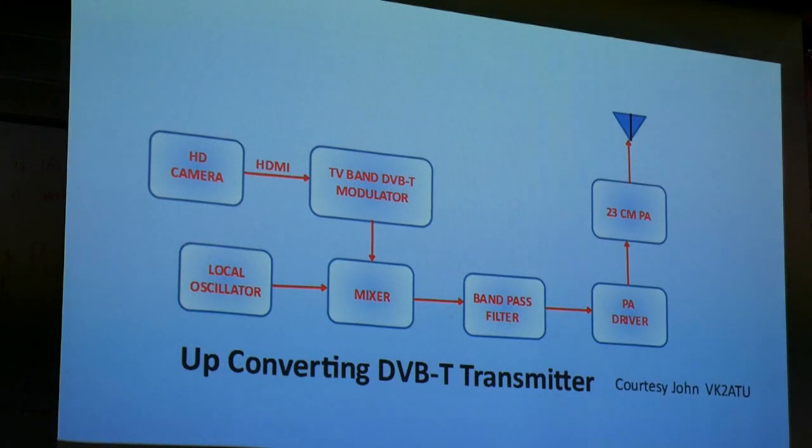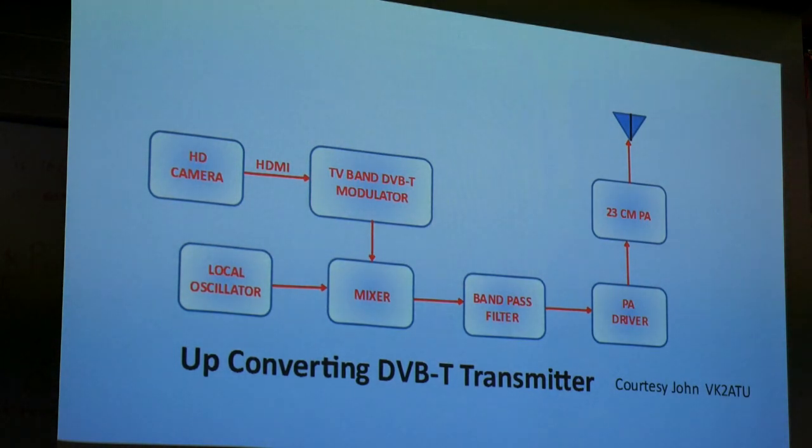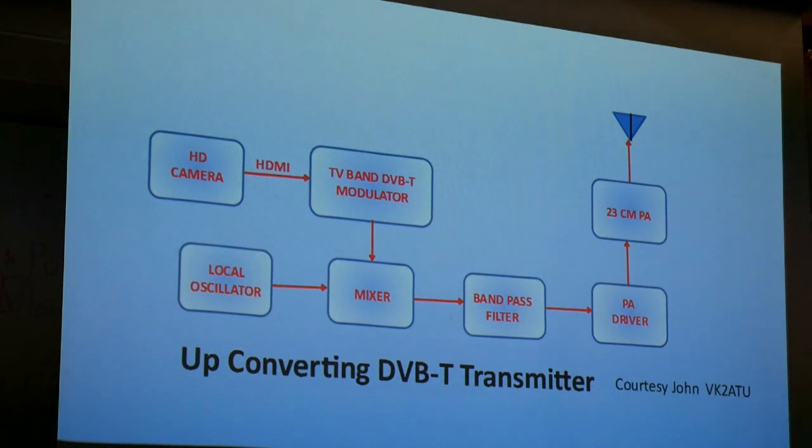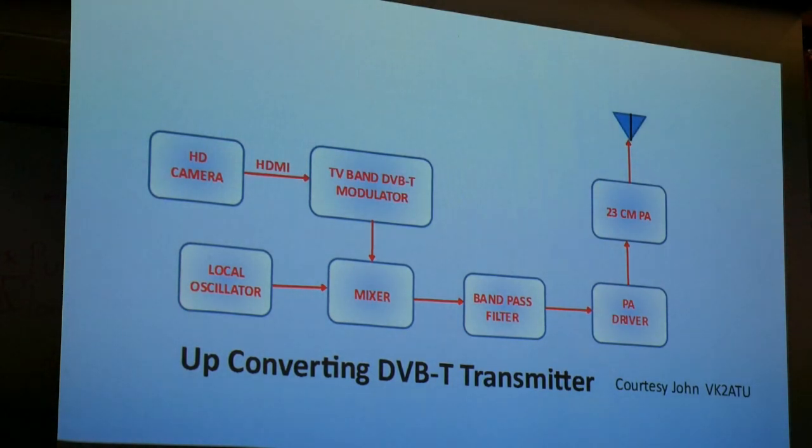Now here's another way. Well, here's one way of generating a signal in DVB-T on 23 cm. So John ATU did this, and he based it on work that they did down in South Australia, mainly VK5 triple Y, I think it was. YYY.